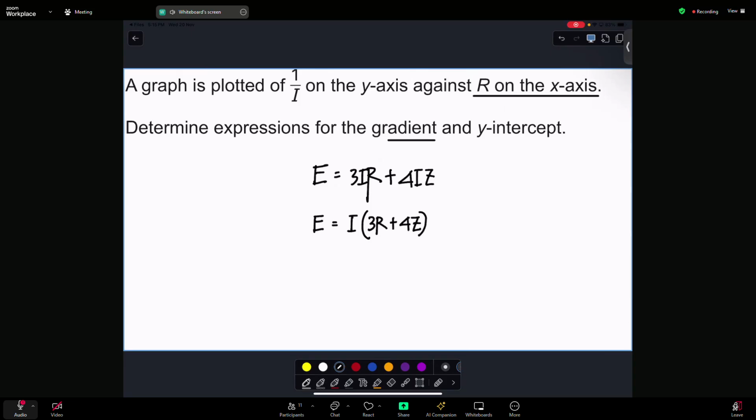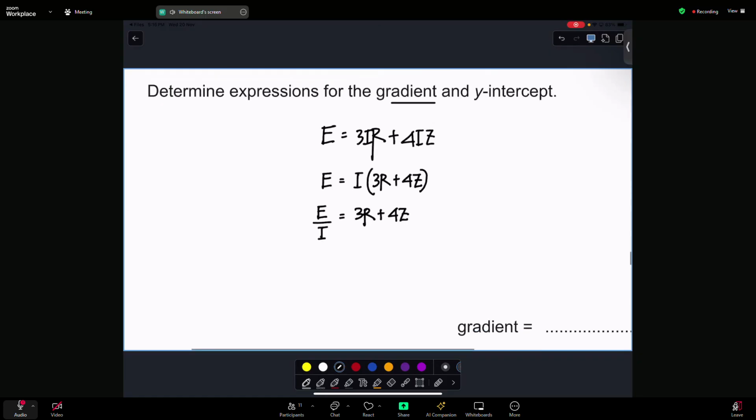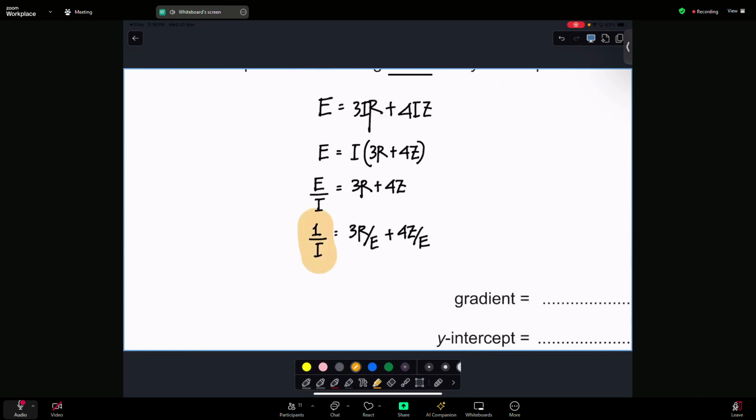Then E by I is equal to 3R plus 4Z, and then I take 1 by I should be equal to what? 3R by E plus 4Z by E, and that's my Y. That is the R, that's the X, and that's the C, right?